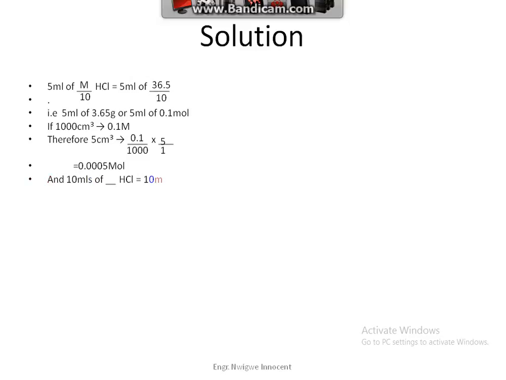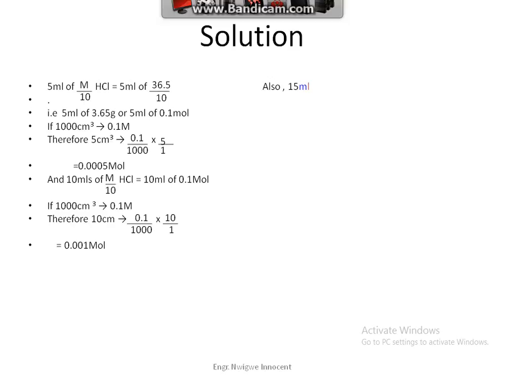And 10 milliliters of M over 10 HCl is equal to 10 milliliters of 0.1 mole. If 1000 cm cube is equivalent to 0.1 molarity, therefore 10 cm cube is equal to 0.1 over 1000 times 10 over 1, which is equal to 0.001 mole.